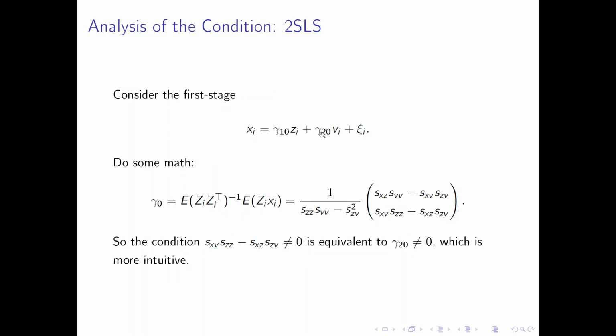This is natural because when you explain the endogenous variable x, if gamma 2 was 0, that means V is doing nothing, right? As long as gamma 2 is not 0, the additional instrument V will help explain X. Okay, so that's a natural, intuitive way to understand how the additional instrument helps explain the endogenous variable, right?